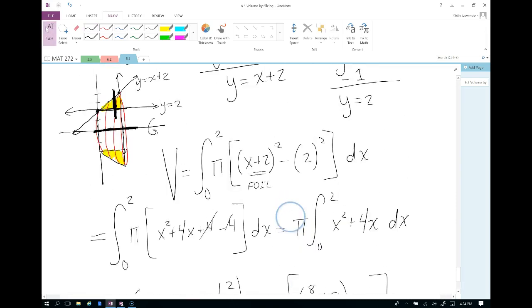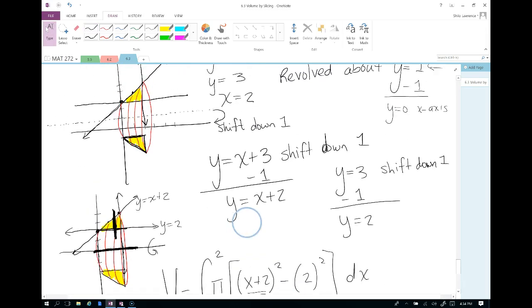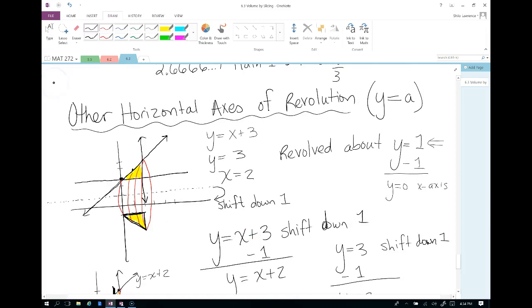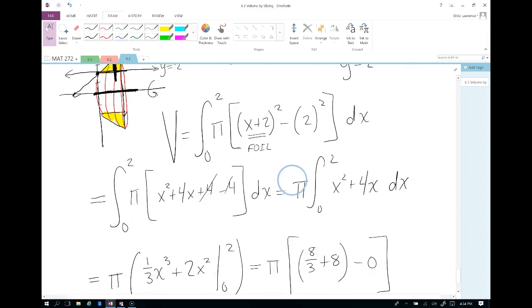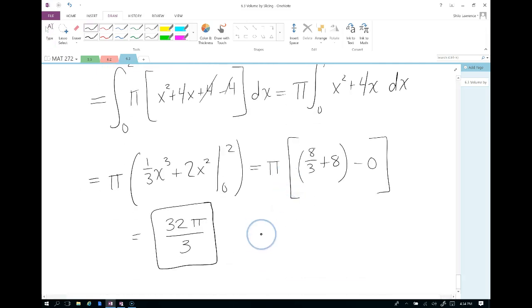So to deal with other horizontal axes of revolution, all we're going to do is shift. It's the algebra shifting that we learn back in pre-calculus algebra. We're just going to shift everything either up or down.